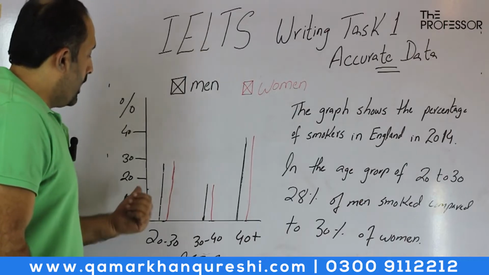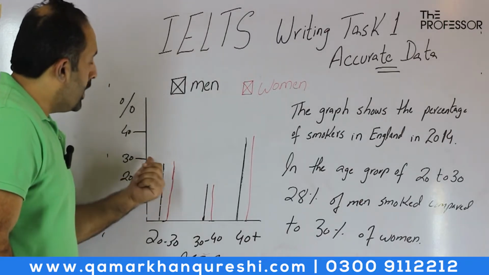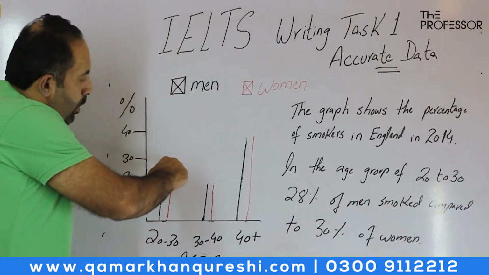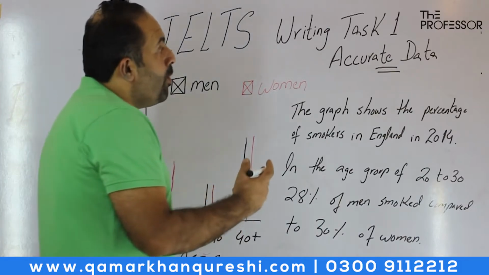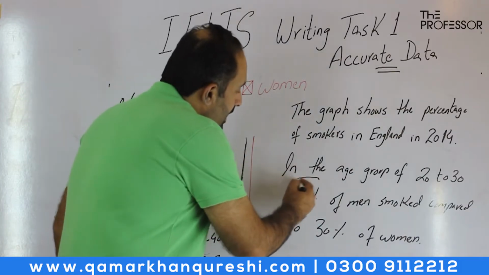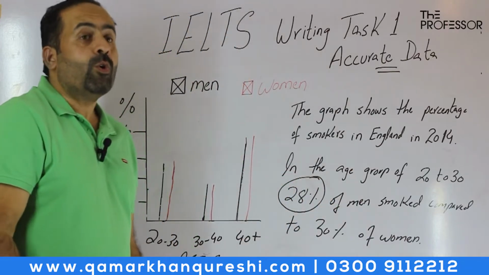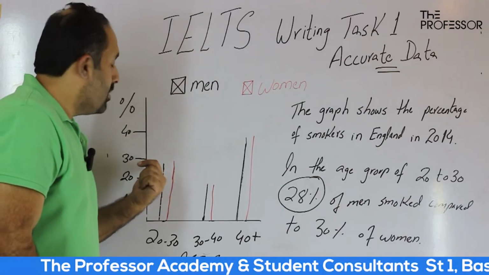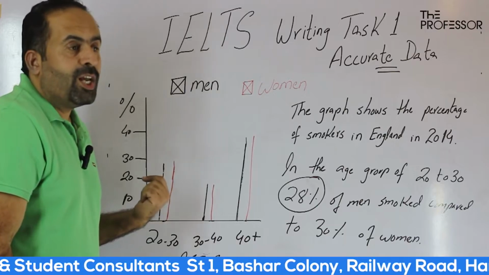You got it? 28%, 30%. 30% is quite clear because it is exactly where the 30 is. But how did you determine this 28%? We don't know. It can either be 27, it can be 29, anything below 30.